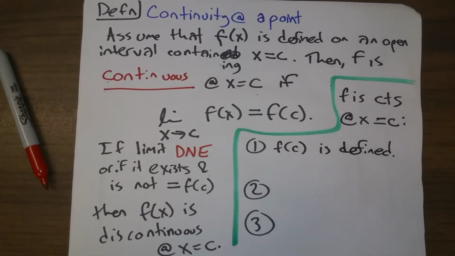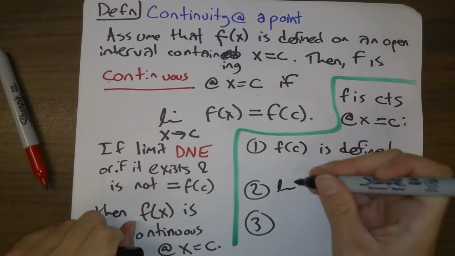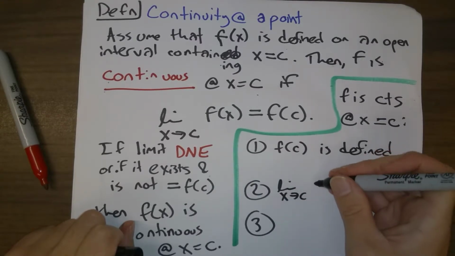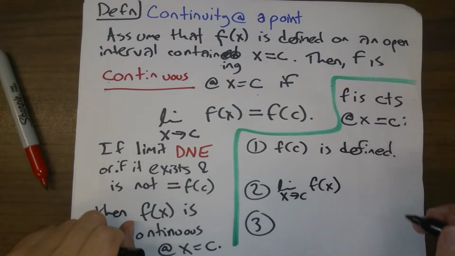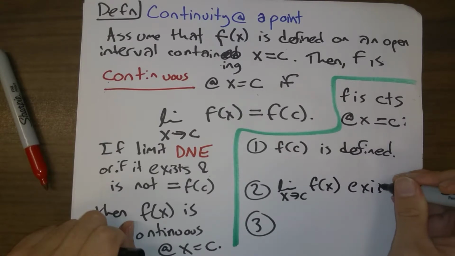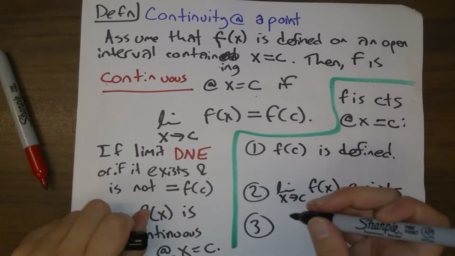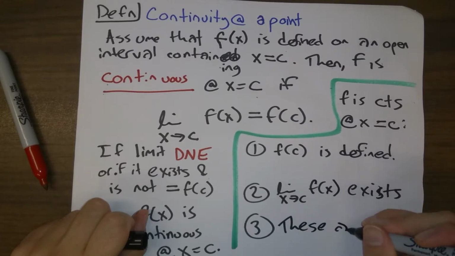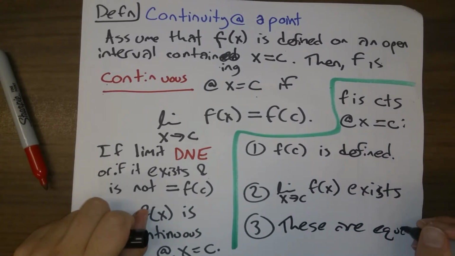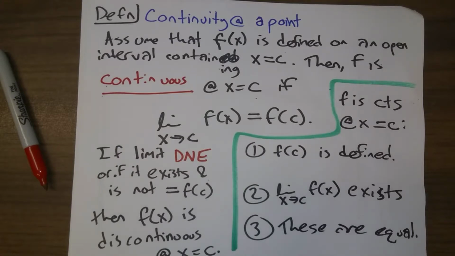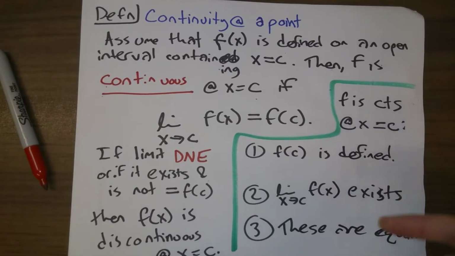That's impossible. The second thing is that the limit as x goes to c of f of x exists. It might be possible for this limit to not exist. And the third thing is that these are equal. So in order for f to be continuous at x equals c, we have to have f of c defined, we have to have the limit as x goes to c of f of x exist, and those two quantities have to be equal.